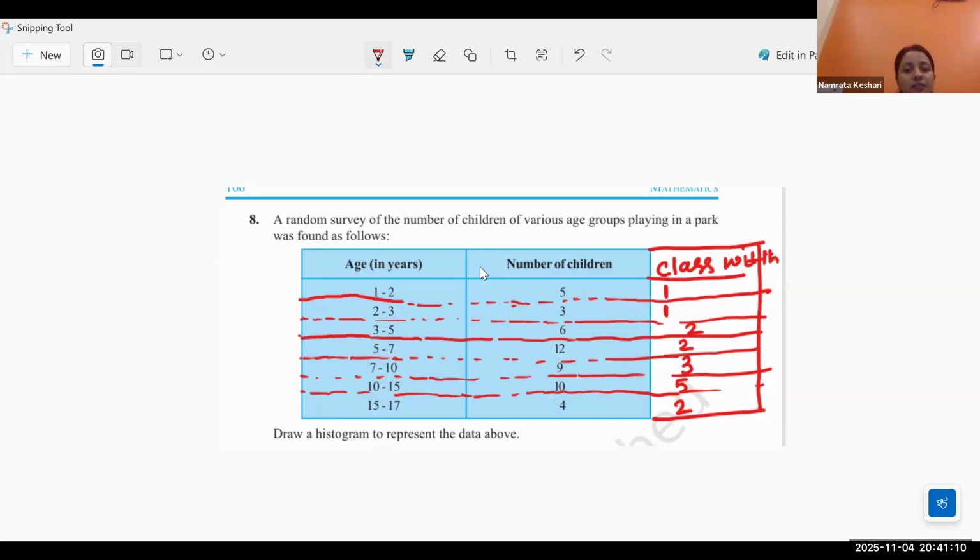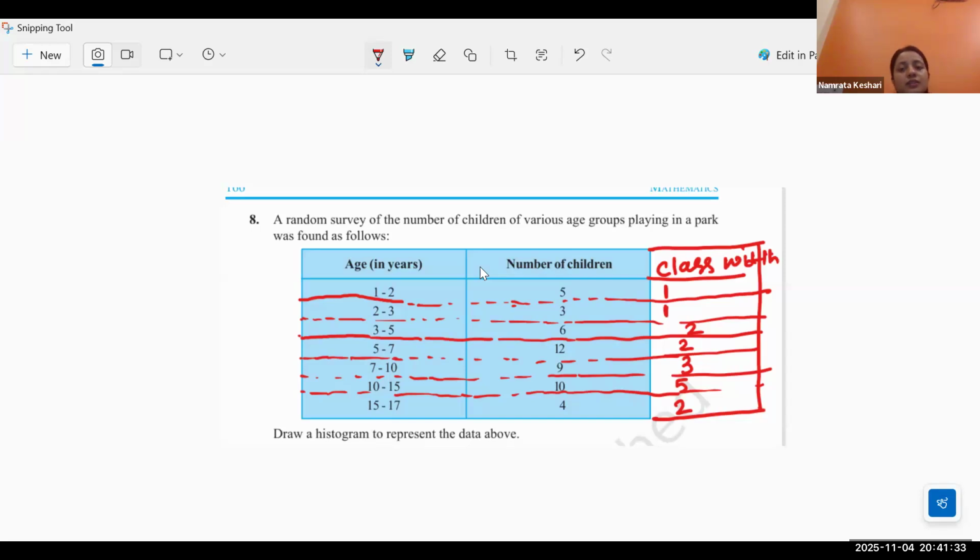If the width of the class is varying, and if you go ahead and draw the histogram, the condition of area proportional to frequency will become invalid. So before proceeding with the graphical part, we have to customize the data. We have already checked the class width.